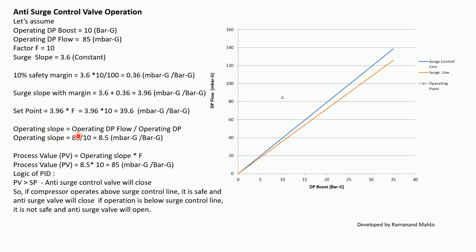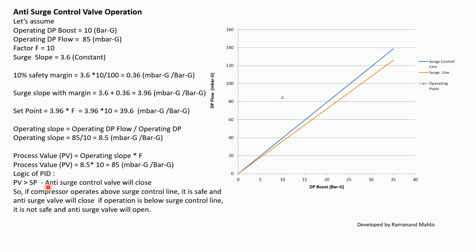So operating slope is equal to operating DP flow upon operating DP boost. So operating slope will be 85 upon 10. Now process value will be the operating slope into F. So process value is 8.5 into factor F, the same F multiplied here as 10, so 85.